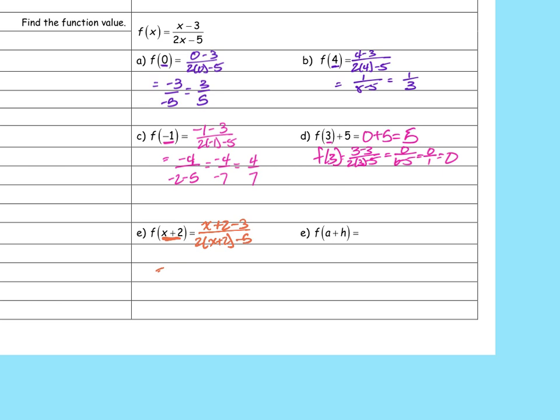So that gives me x minus 1 all over 2x plus 4 minus 5, which gives me x minus 1 over 2x minus 1. Done. Questions?